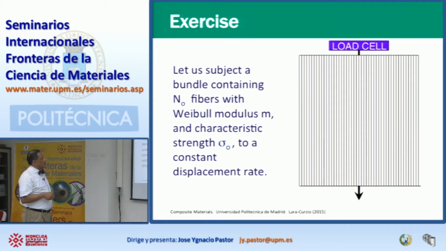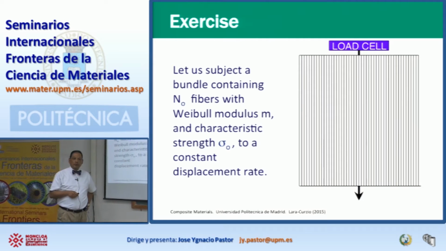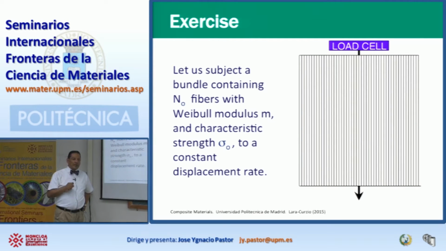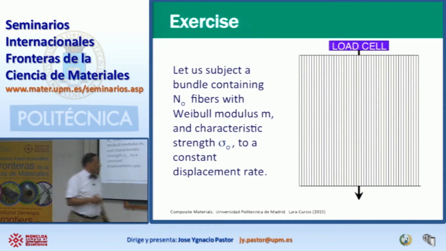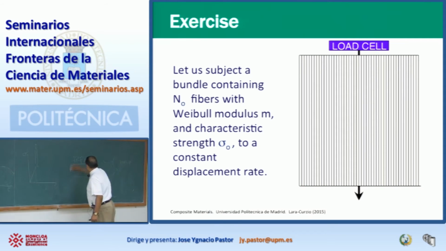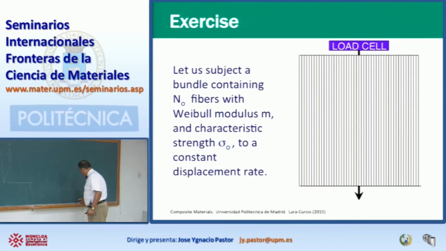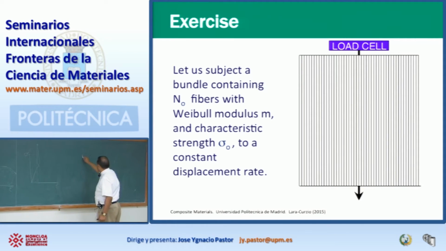Now, before I do this experiment, I'm going to pick up a few fibers from the bundle, and I'm going to test them individually. Okay? And when I test those fibers individually, each fiber is going to behave just like this. Okay? Now, because these fibers obey a Weibull distribution, I'm going to go and test my fibers.